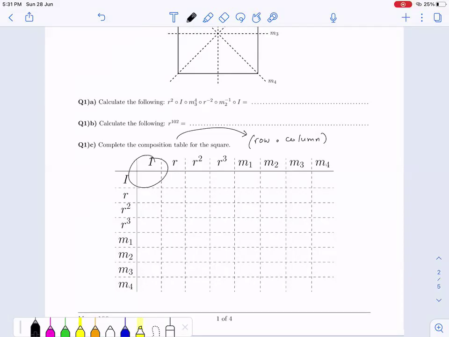So here you do I composed with I, I composed with R, I composed with R squared, I composed with R cubed, and so on. But we just discussed that if you compose the trivial symmetry with anything, you get the same thing. So what you'd get here is I composed with I is I, I composed with R is R, I composed with R squared is R squared, and so on.